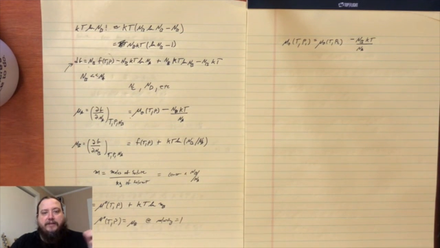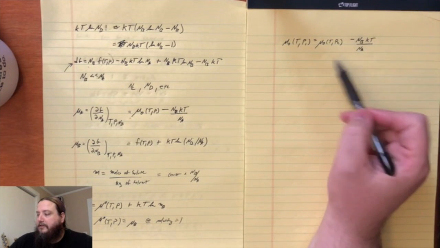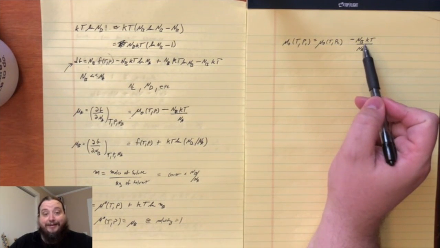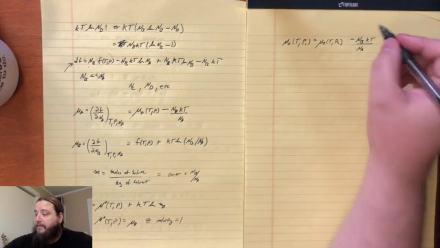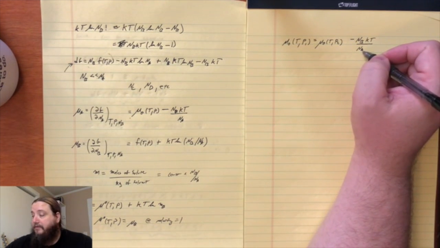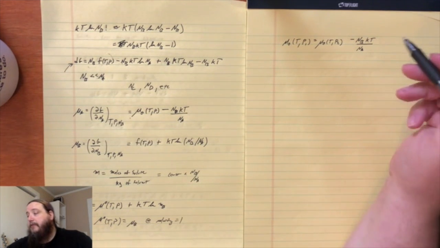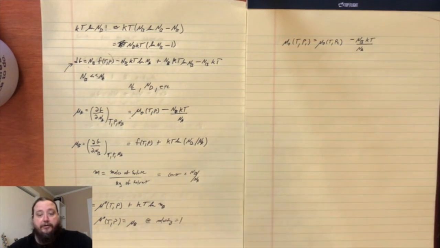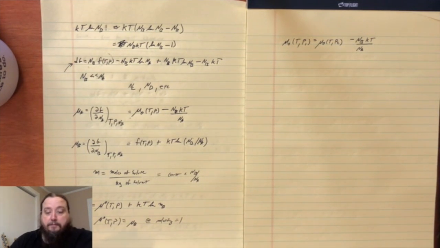And we're going to make an assumption here that this isn't a huge effect. Again, this is in the dilute limit, so that the number of B molecules should be very much lower than the number of A molecules. And so this correction term shouldn't be huge, which would imply that the two pressures should be reasonably close.